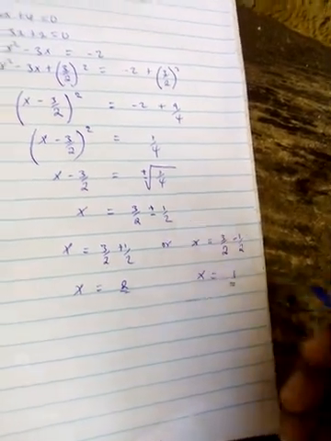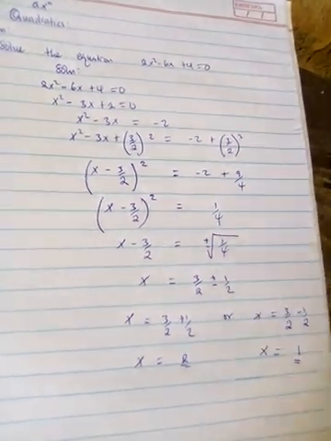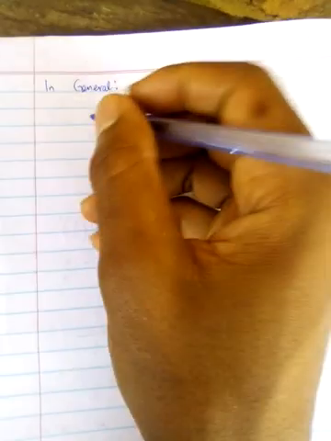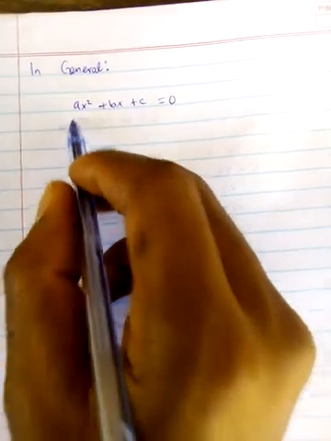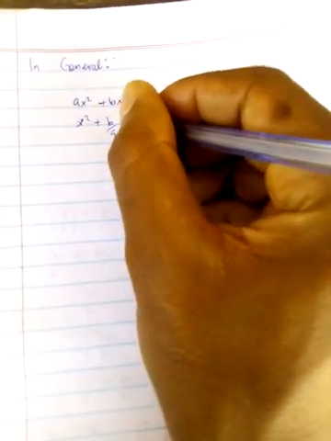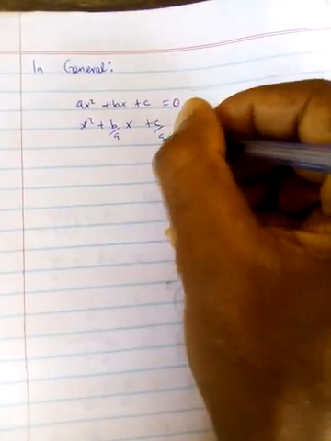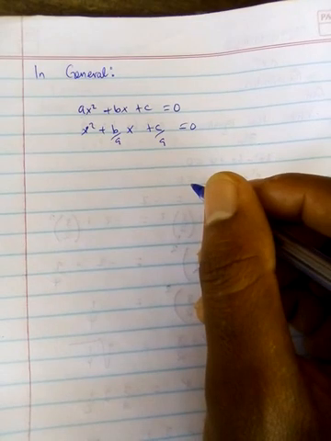So it is such a simple algorithm. Allow me to generalize this. In general, if I have any quadratic equation ax squared plus bx plus c equals 0, we make the coefficient of x squared 1. So I have x squared plus b out of a, x plus c out of a equals 0. Let's follow the same algorithm of completing squares.